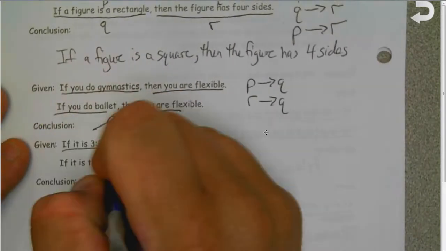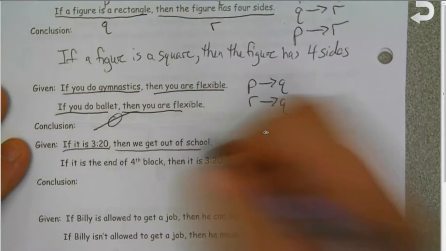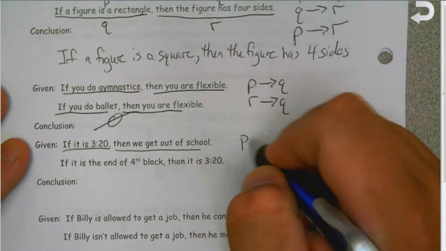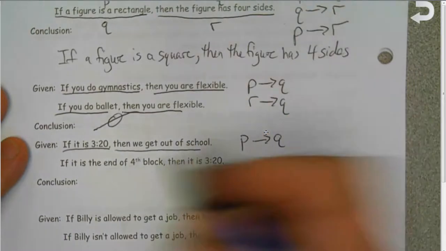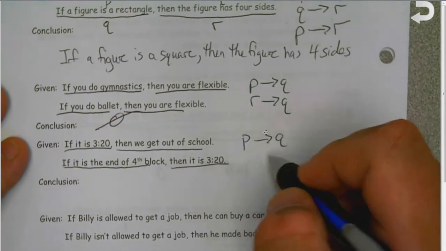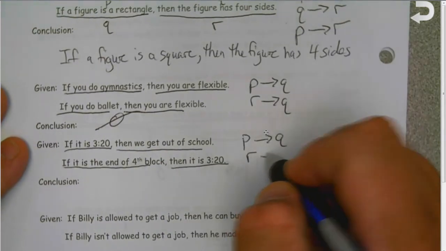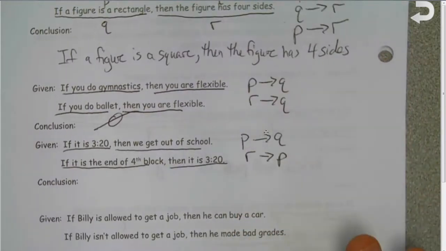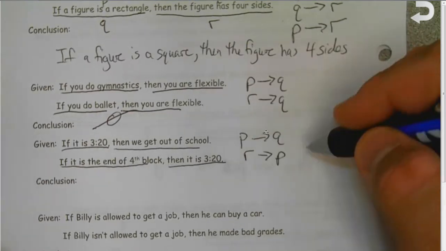If it is 3:20, then we get out of school, P to Q. If it is the end of fourth block, it is 3:20, R to P. Is there a link? In this case it is, but is the link through Q? No, the link is through P, so that's the one that we're not going to use when we rewrite the statement.